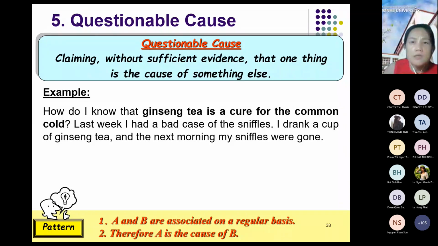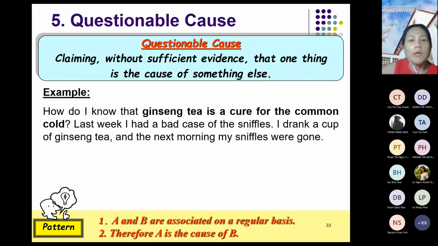Maybe one reason could be the ginger tea, but it could also be that the person had already gone through 6 days, and the day he drank the ginger tea was the last day. So the coincidence here is that he drank ginger tea, but it could also be the last day of the common cold.